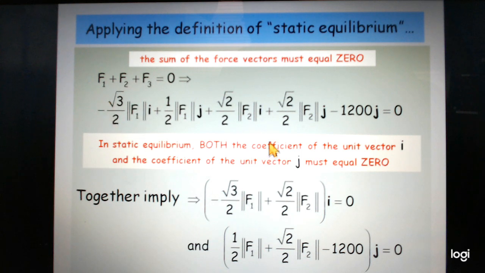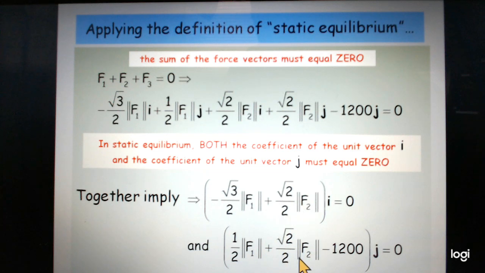This term plus this term must equal 0. So all I did is take out the i's. I got negative rad 3 over 2 times the magnitude of vector F1 plus rad 2 over 2 times the magnitude of F2, and that equals 0. Consequently the coefficients of the j, these three terms, must also equal 0. So we have a system of equations.